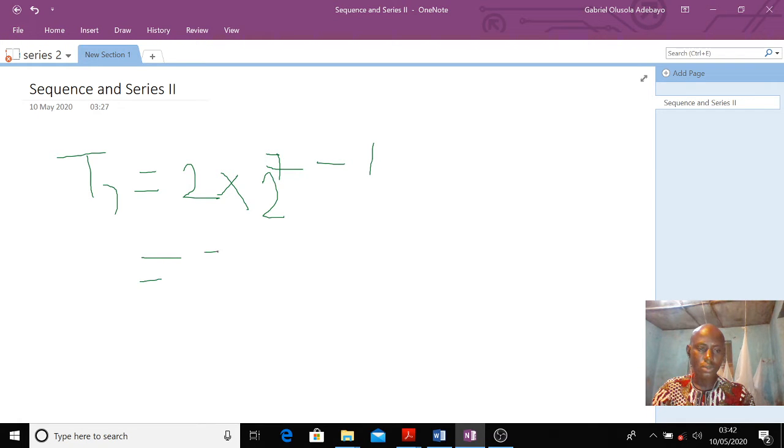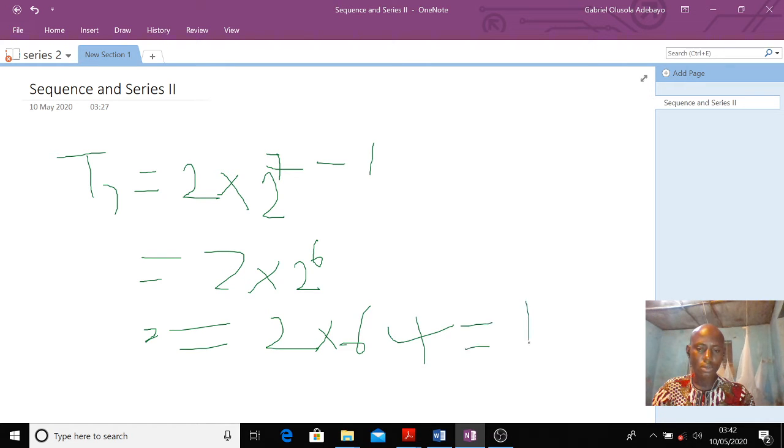That is equal to 2 times 2 raised to power 6, which is 2 times 64, which is equal to 128, because our r is equal to 4 divided by 2, which is 2.